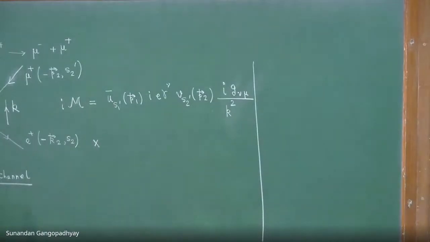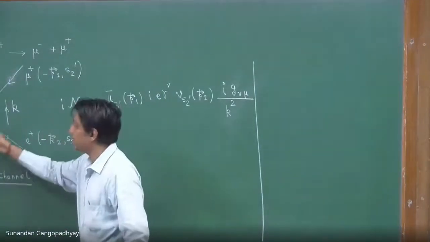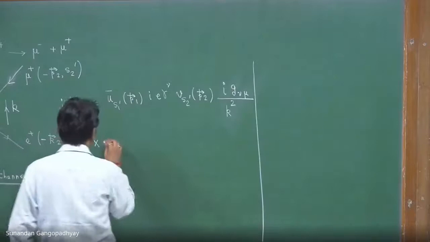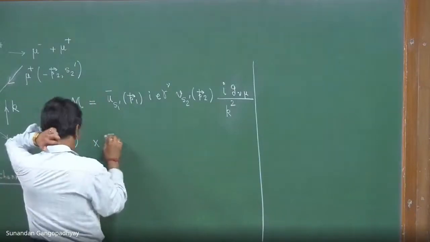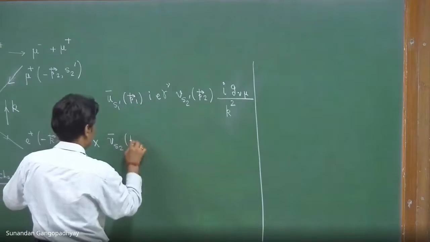So from here, I'm now writing here. So I've reached this point. Once again, you have to write down the factors here. This is the positron, this is the creation of the electron, this is the positron. Therefore, at this vertex, the positron is getting annihilated and the electron is getting annihilated. Therefore, we shall have v bar s2 of k2.